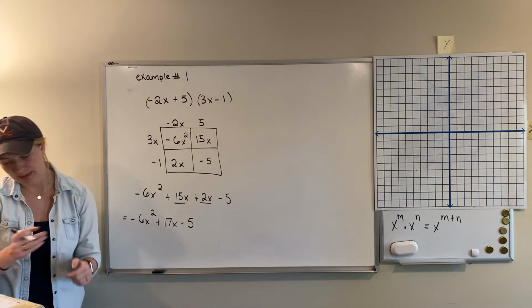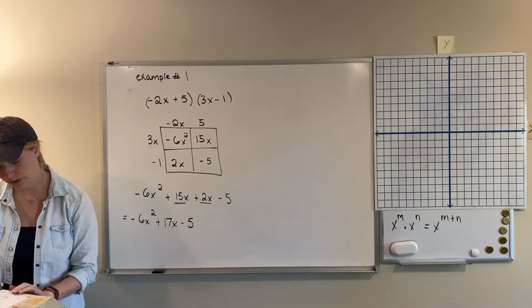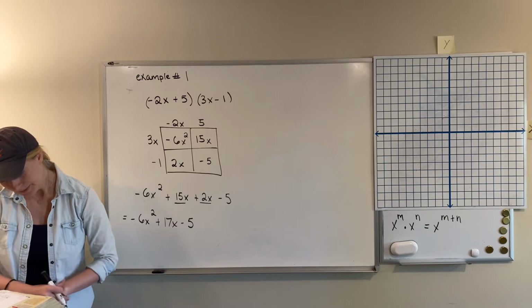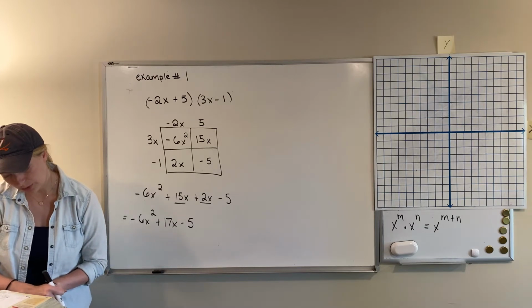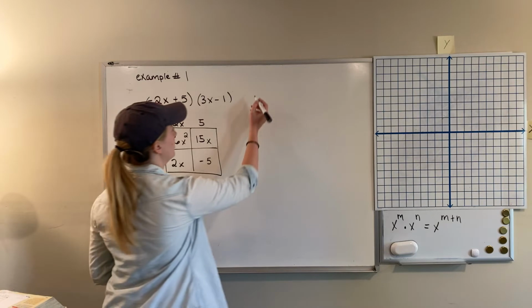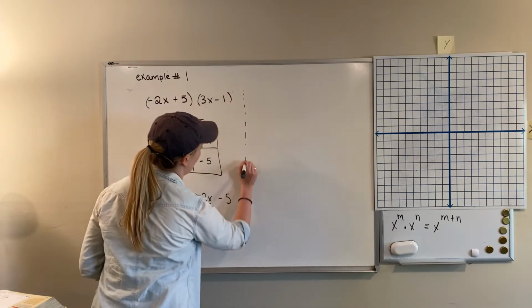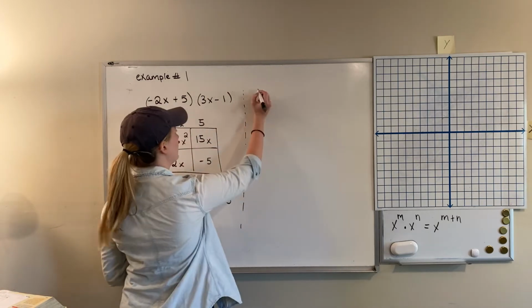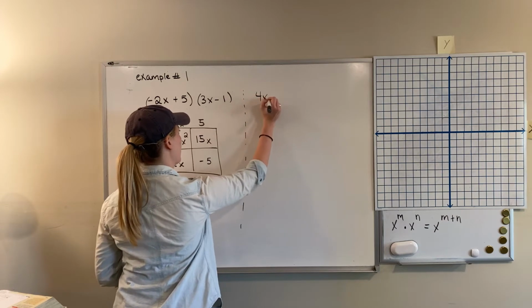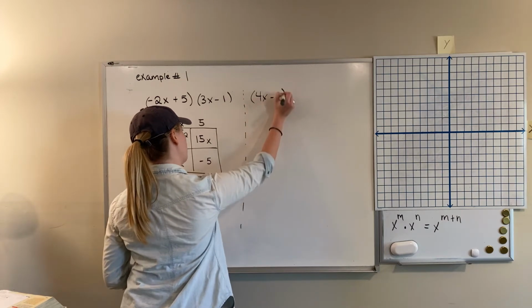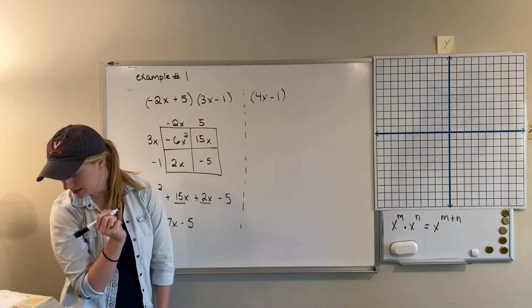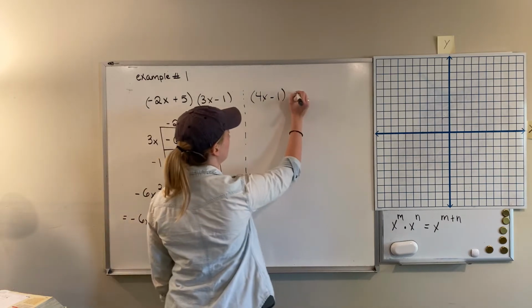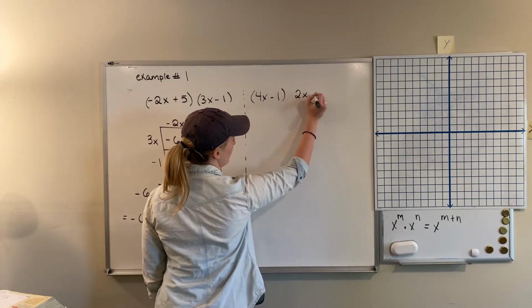Let's look at one more example of the box method together. Let's just do checkpoint number 1. We have 4x minus 1 times 2x plus 3.